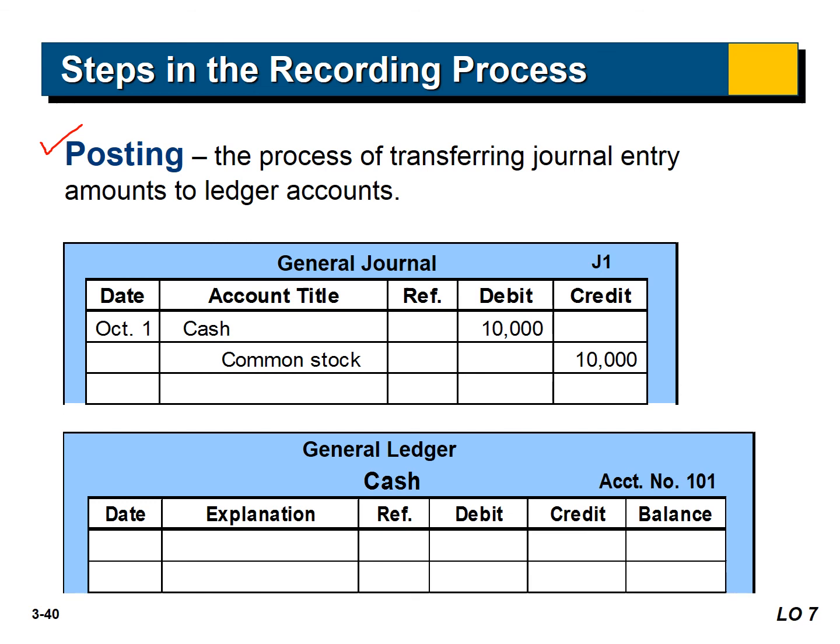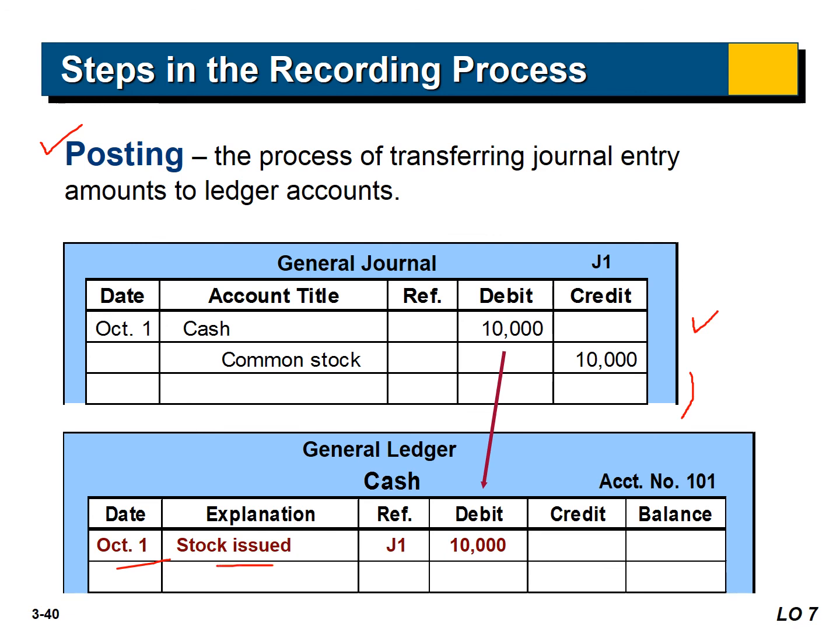So remember the journal entry. This is the journal entry we made earlier, and we're going to take that and transfer it into these ledger accounts. So for example, we issued stock, and we're going to take that 10,000 and record it in the journal. So in each transaction, we're going to record the date when it happened. We're going to explain what happened. We issued stock.